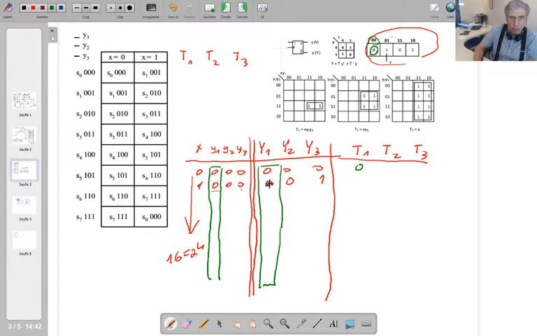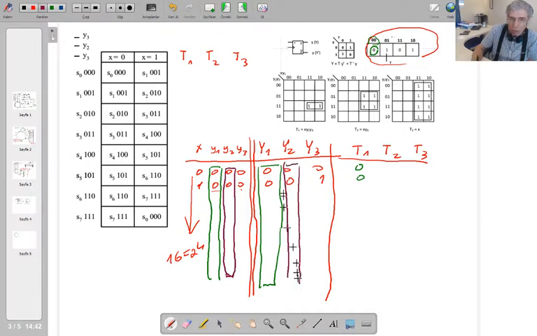Small y1 0, capital Y1 0, so it's going to be T1 0. So for Y2, you're going to compare different columns now. For Y2, you're going to consider this column as the present state for the second T-type memory element. This column is going to be your second memory element next state. So compare these two: 0, 0, 0, 0, isn't it? Whether x is 0 or 1, it is the same as this.